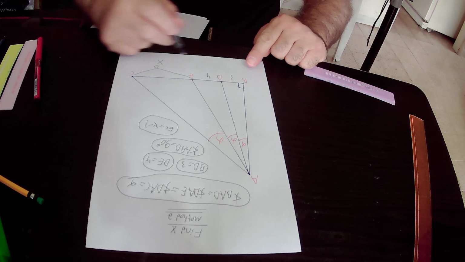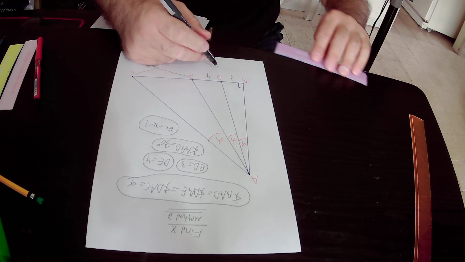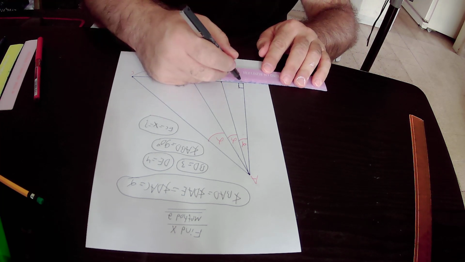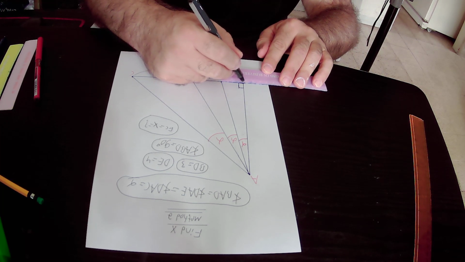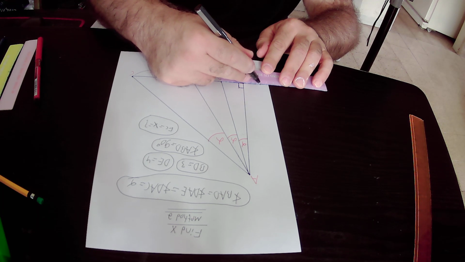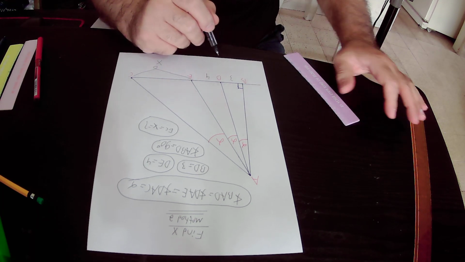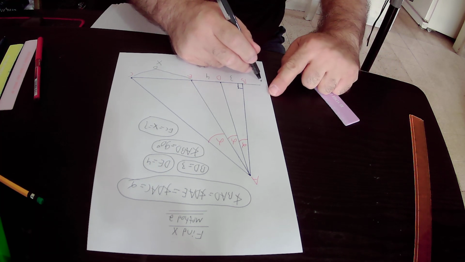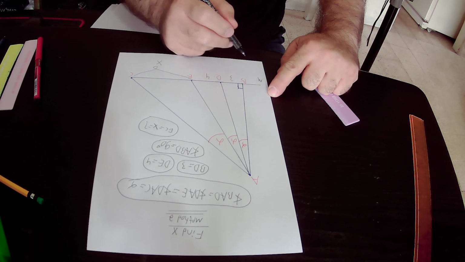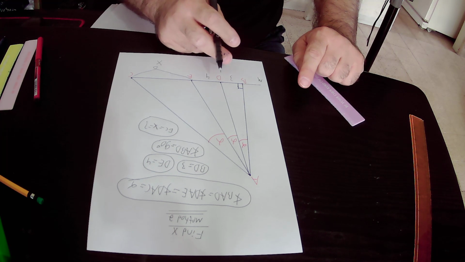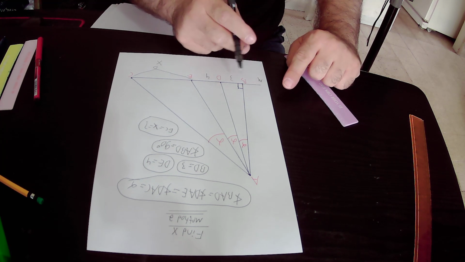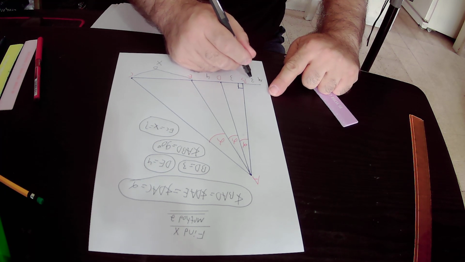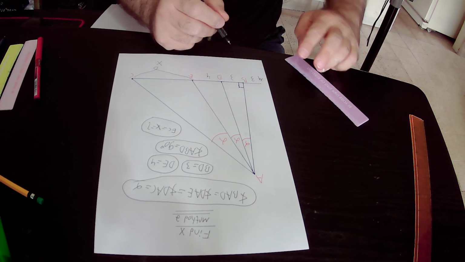We will extend BD by 3 units, and we will define this point as point M. We extended BD by 3 units, so MB equals 3.